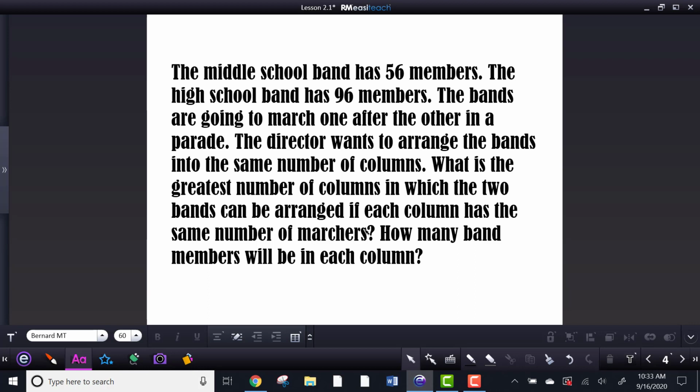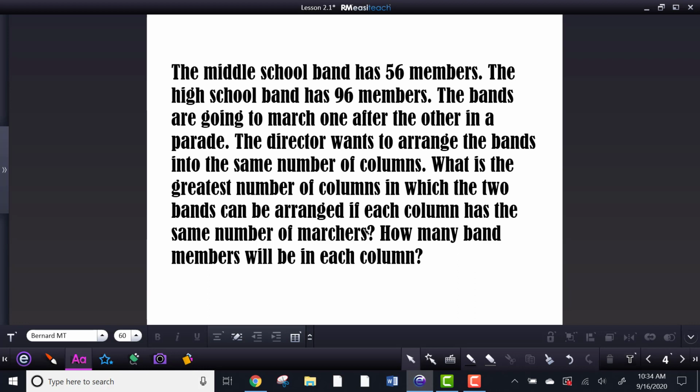It is important to understand, whenever you're looking at greatest common factor word problems, that there are some key words that help you identify whether it's a greatest common factor word problem or a least common multiple word problem. In this video, since we're talking about greatest common factor word problems, it's not that big of a deal, but when you're trying to decipher whether it's least common multiple or greatest common factor, it is important to understand the key words.